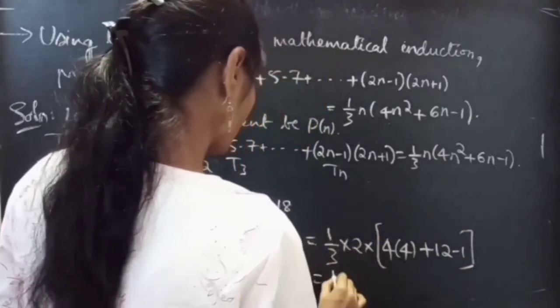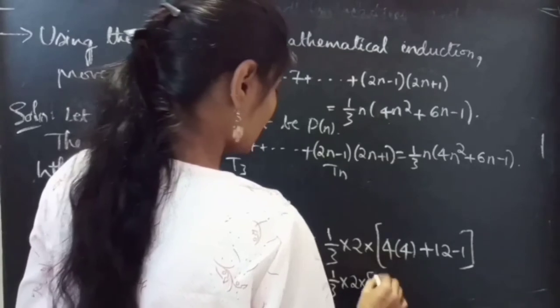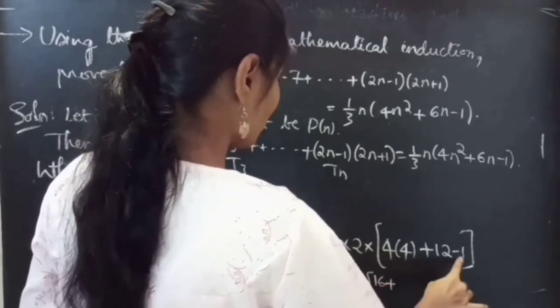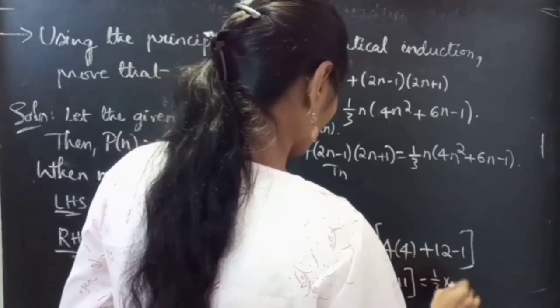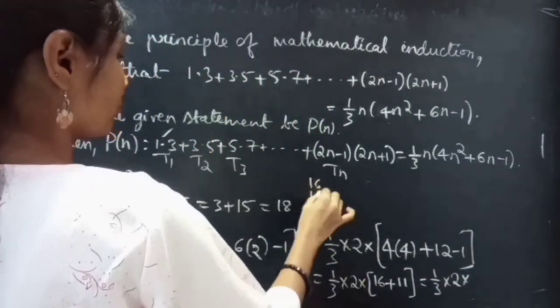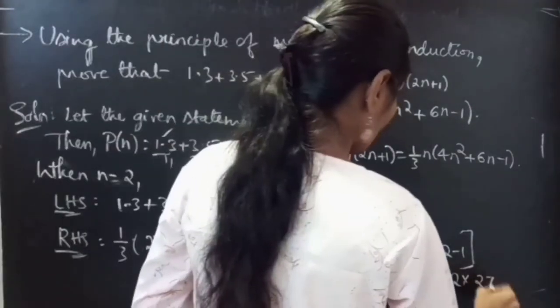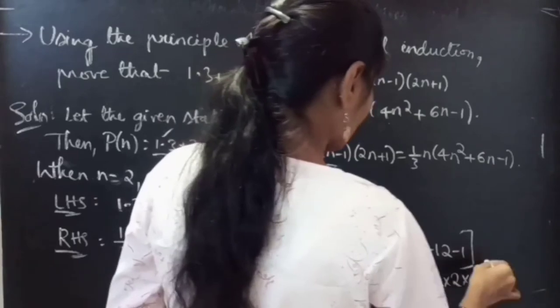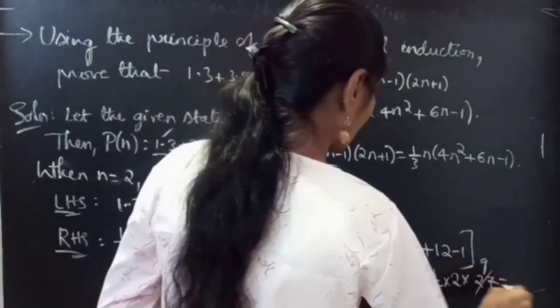So this equals 1 by 3 into 2 into 4 fours are 16 plus 12 minus 1 is 11. So this equals 1 by 3 into 2 into 16 plus 11 is 27, right? 3 ones are 3, 9s are 27, again 2 nines are 18.